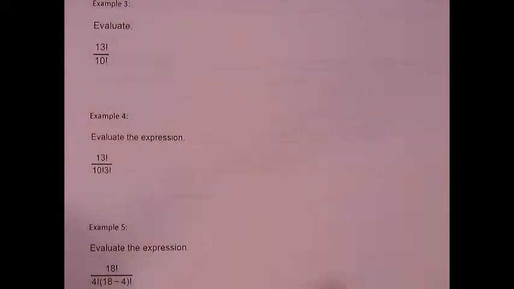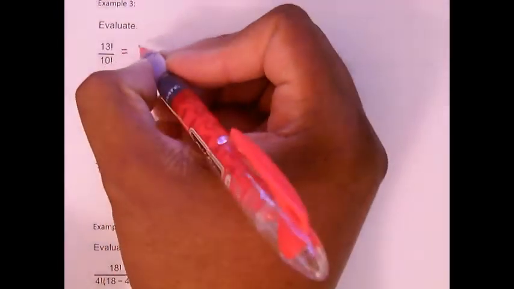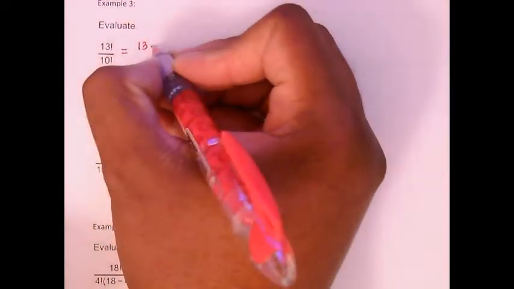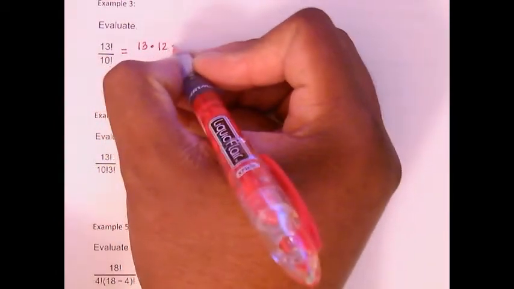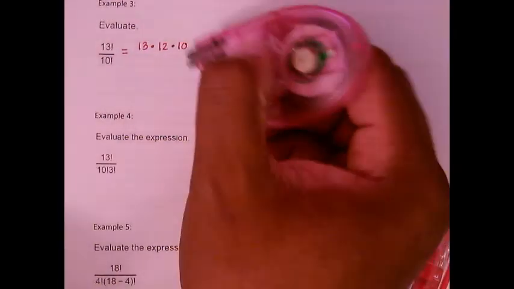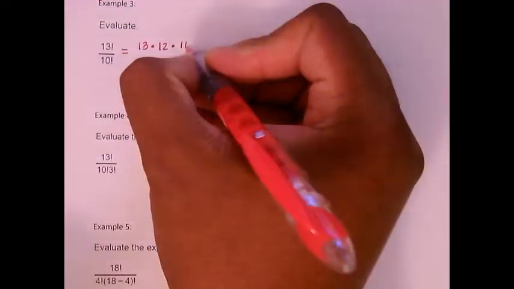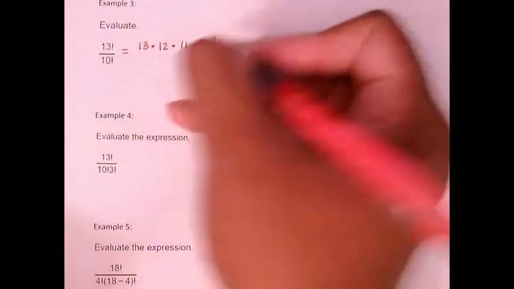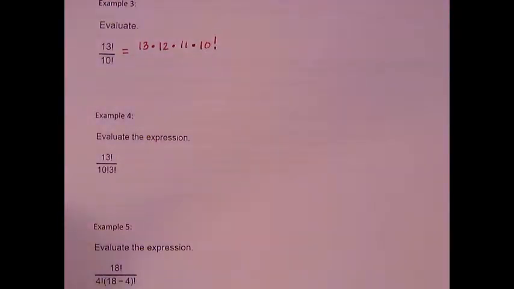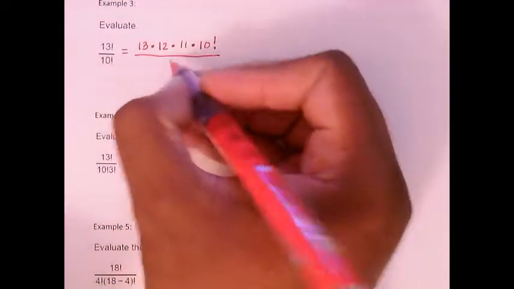Let's say I want to evaluate 13 factorial divided by 10 factorial. Well, let's look at this. If I expand 13 factorial as 13 times 12 times 11 and then times 10, and I stop at 10 and just say 10 factorial, I'll be done, because in the denominator I do have 10 factorial.